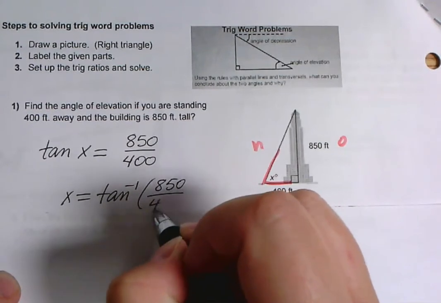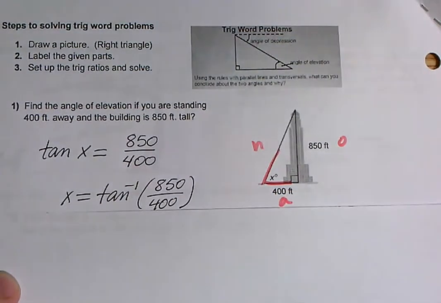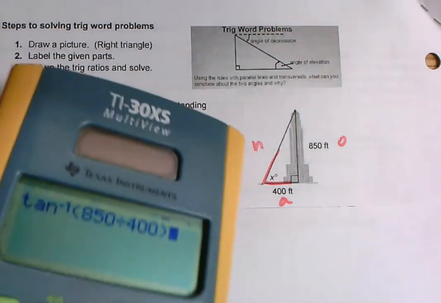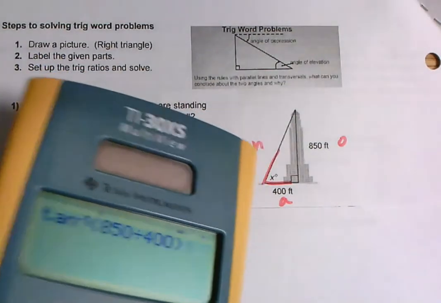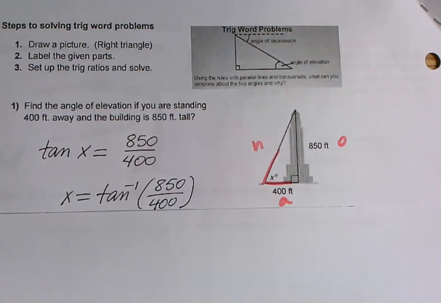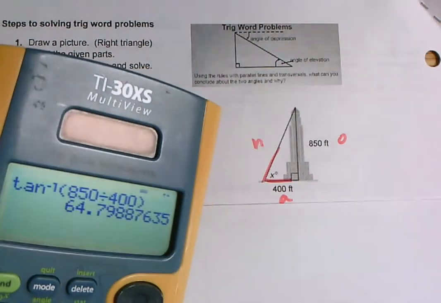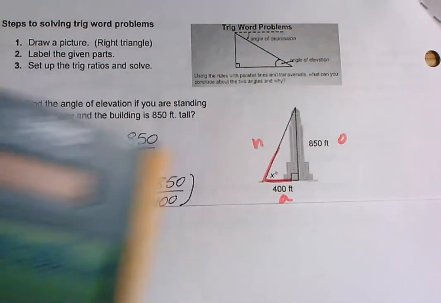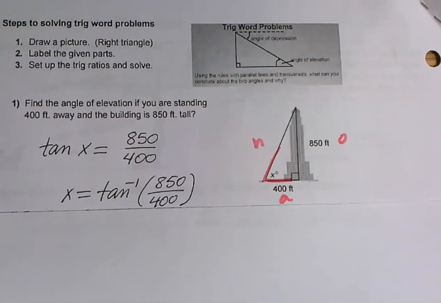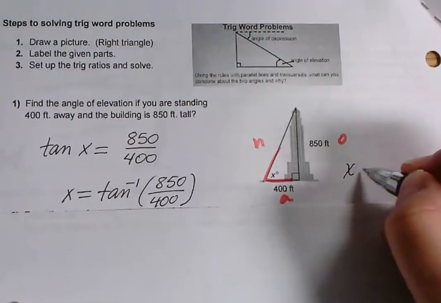But this is what we're asked for, the angle of elevation here. So that's what I'm going to do in my calculator. Inverse tan of 850 divided by 400, which you can put in like this. You don't have to do it as a fraction. That gives me 64.79, so about 65 degrees. So my angle of elevation is about 65 degrees.